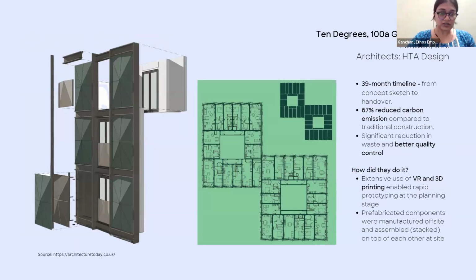Then the carbon emissions also reduced to 67% from the original number. And there was also a significant reduction in waste, and the quality of the building delivered was also significantly better. How did they achieve it?